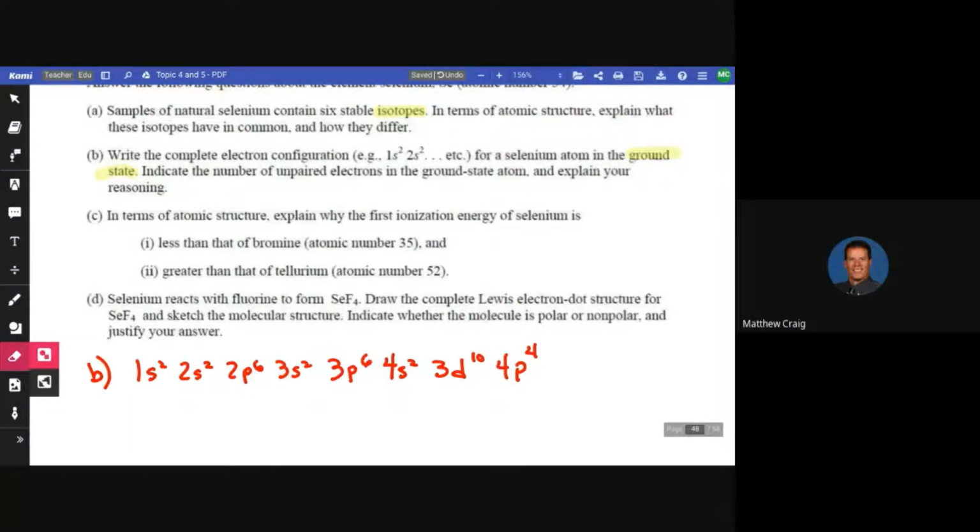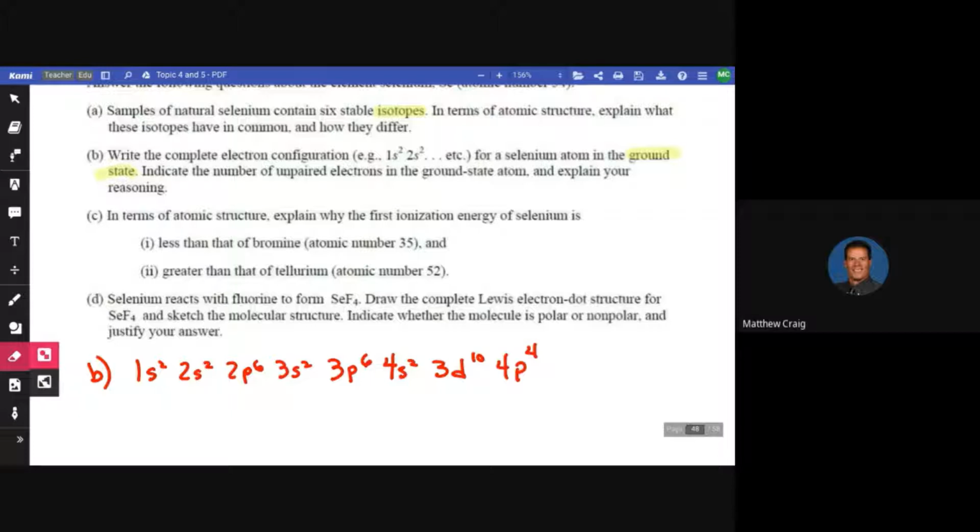First of all, you have to make sure you have how many electrons represented? 34. Good. If it gave you an electron configuration for something other than selenium, you can toss that out, which also happens. And if it says that it's excited, then it's going to be in a higher energy level before it fills up the other ones. So it could have this one as a multiple choice for excited, but it would be wrong because it's in the ground state. Correct. Okay, that makes sense.